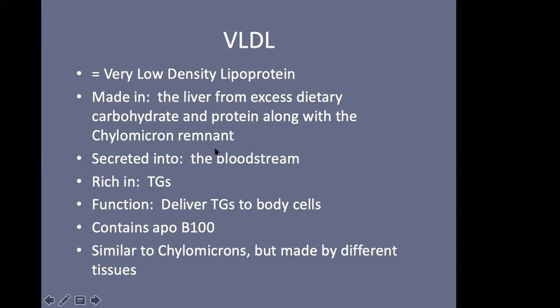It is secreted into the bloodstream. It is also rich in triglyceride. Various MCQs come, I will show you later which type of MCQ can come from chylomicrons, VLDL, etc. The function of VLDL is to deliver triglyceride to body cells.